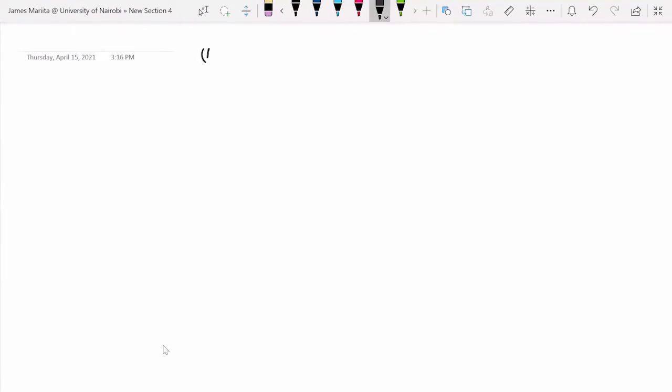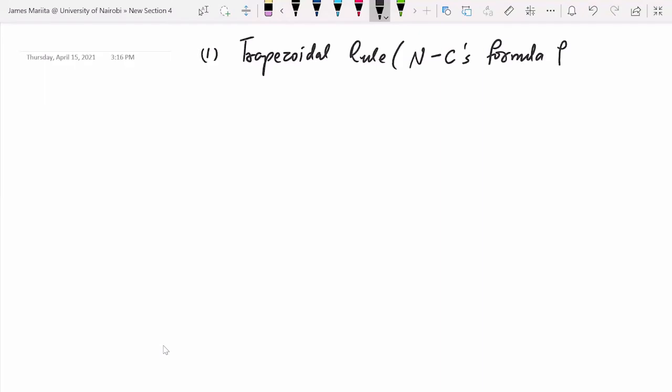The first one is what is called the trapezoidal rule, and this is the Newton-Cotes formula for n is equals to 1.